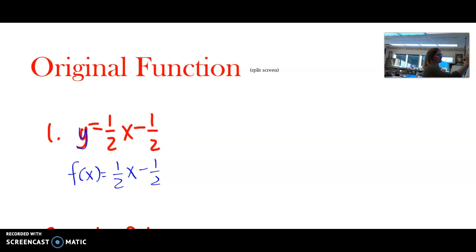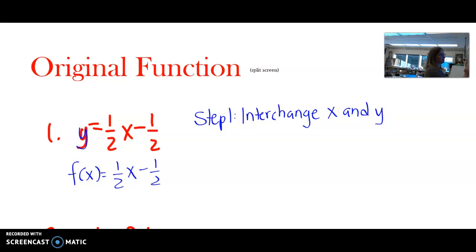So I'm going to do that. Interchange x and y. So interchanging x and y, I'm going to have x equals 1/2 y minus 1/2. Step 2, solve for y.